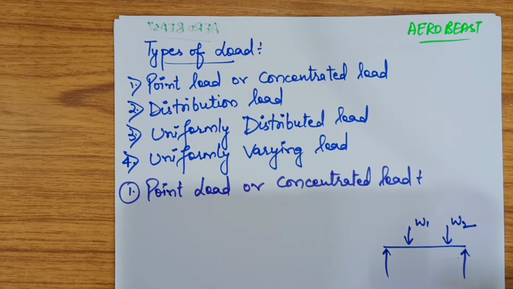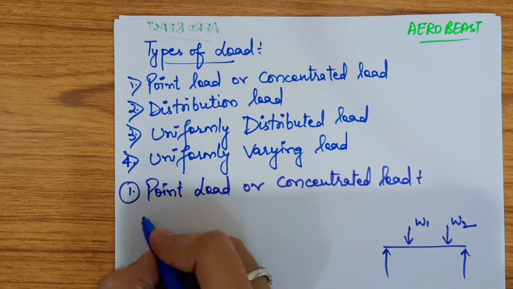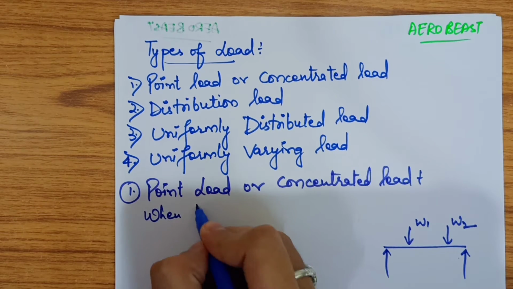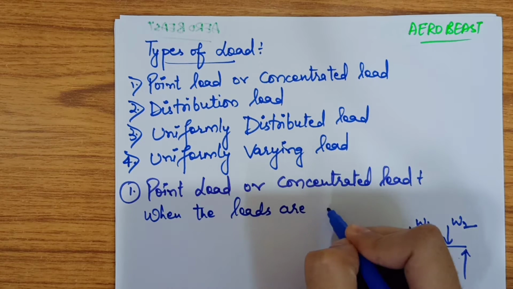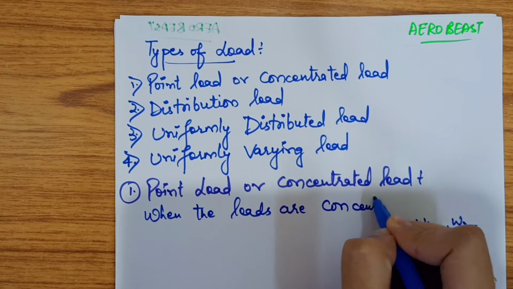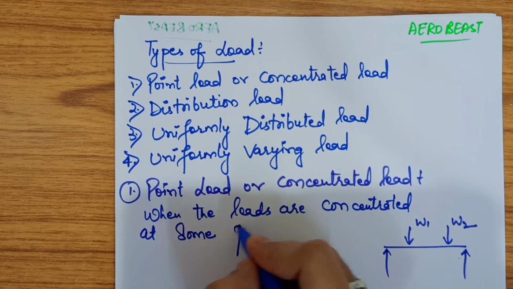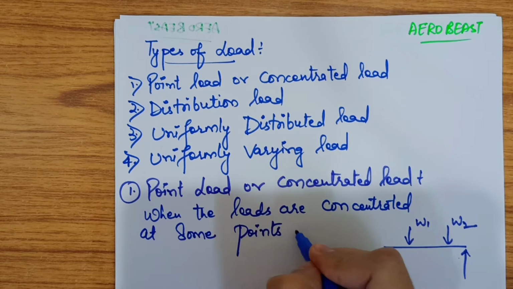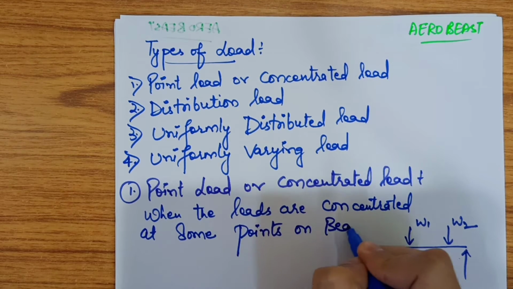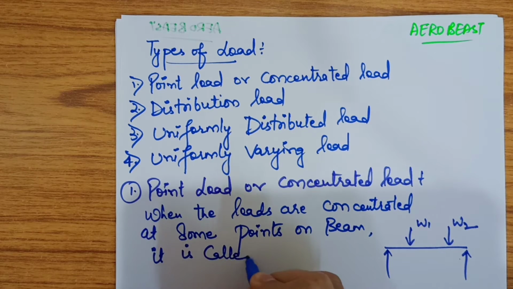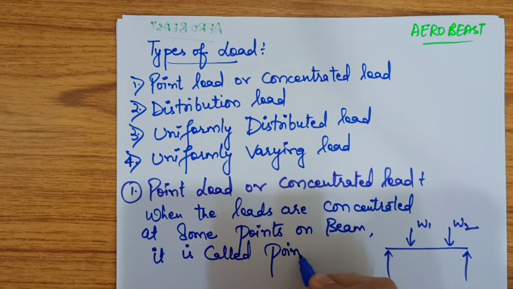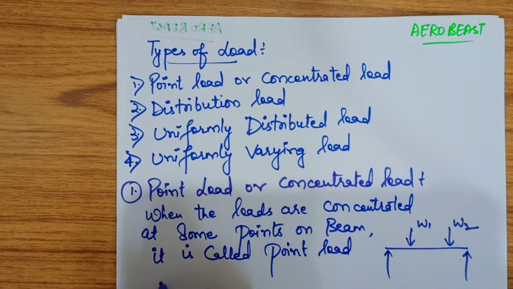So this is called the point load or concentrated load. The definition is that when the loads are concentrated at some points on the beam, then it is called point load or concentrated load.